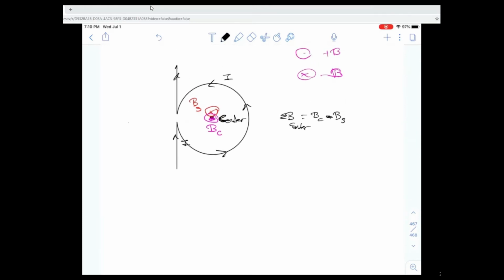Okay, so that's it. The circular portion of the magnetic field is due to the current in the circle loop. And the portion which is responsible for the straight wire is going to be the same current divided by 2 pi r.